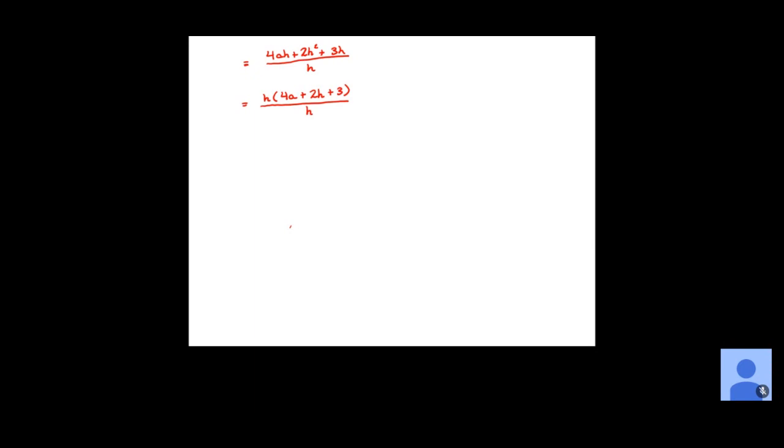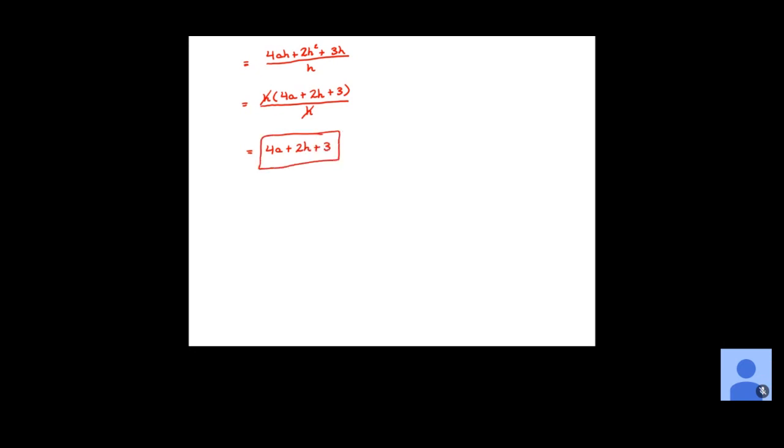And all of that is over h. And now, because we have a common factor of h in the numerator and the denominator, those are going to cancel each other out. So I can cancel out my h terms. And so all that's left is the 4a plus 2h plus 3.